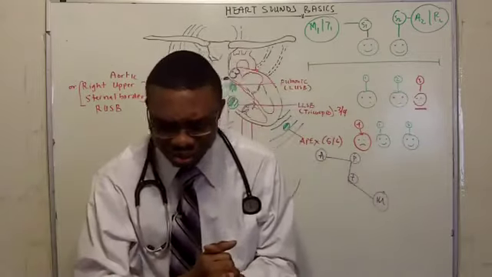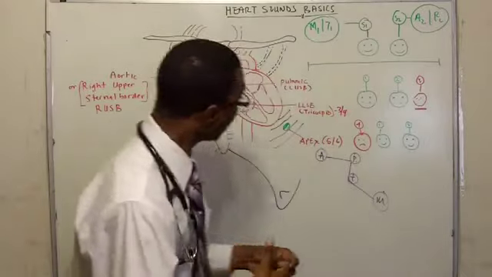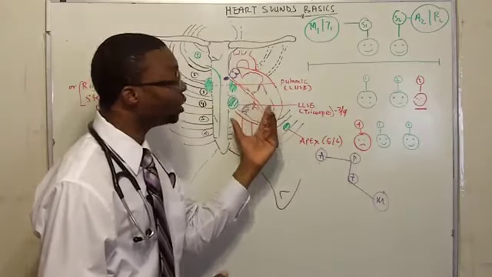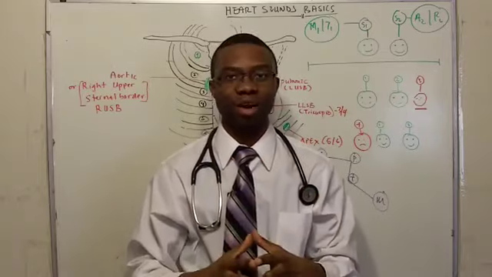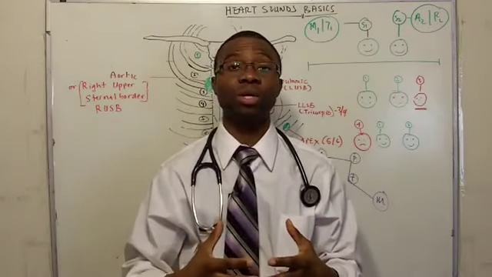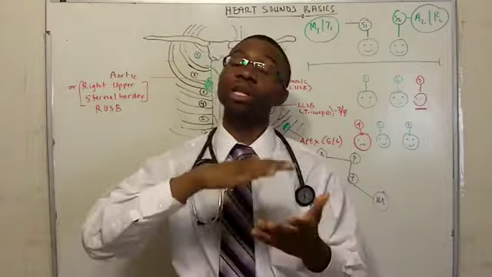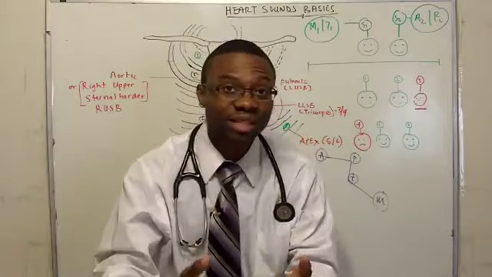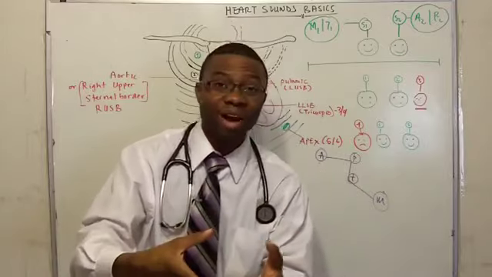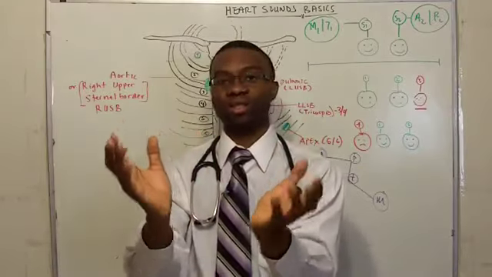So what really causes S3? Usually, it's due to a heart that's dilated or a non-contractile ventricle that's just big and full with a lot of blood, and the atrium is contracting and spilling a little extra blood down into an already non-contractile ventricle.